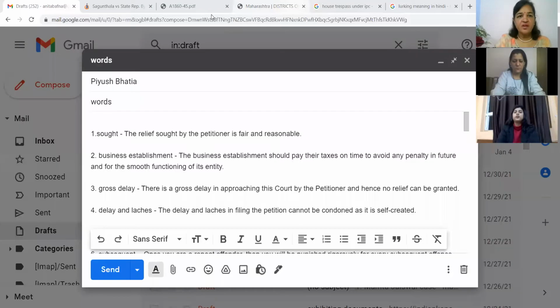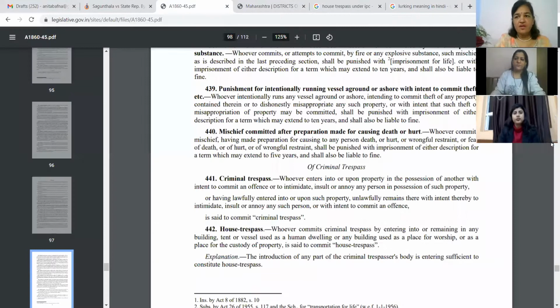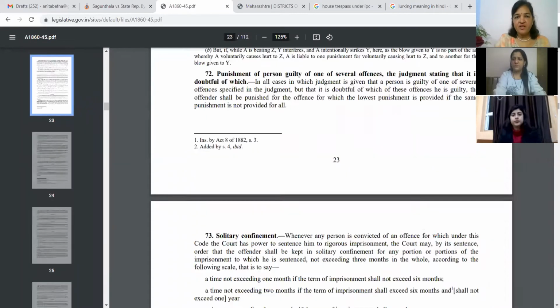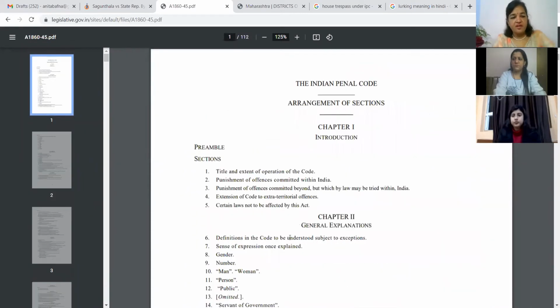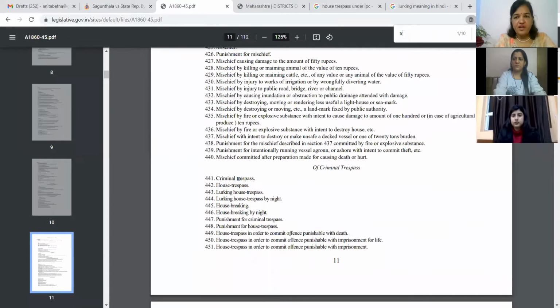Now we will go through some of the sections to make all of you understand. I'll be sharing some of the important sections from this. We'll go through the main index here from the Indian Penal Code, where you will have an idea.